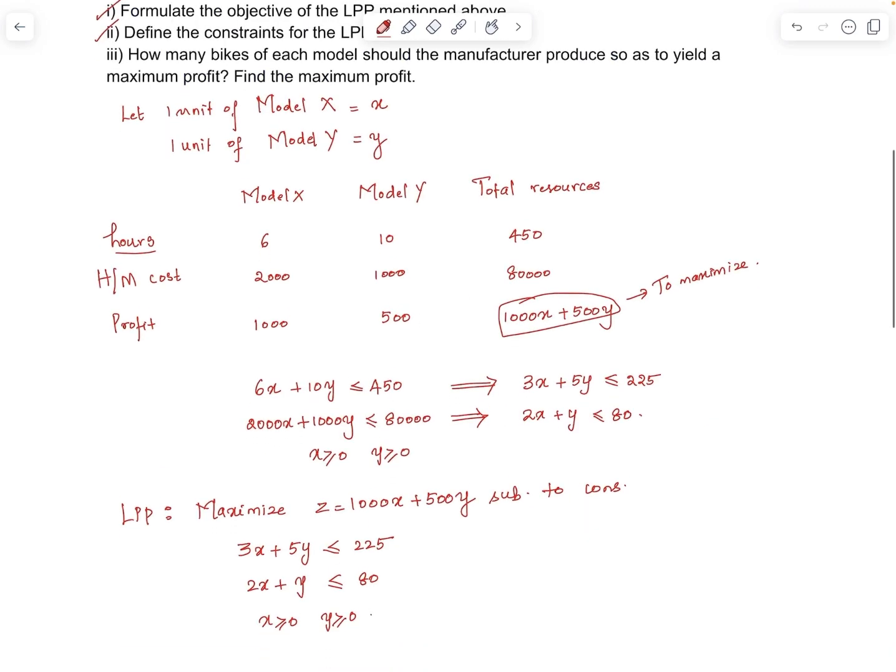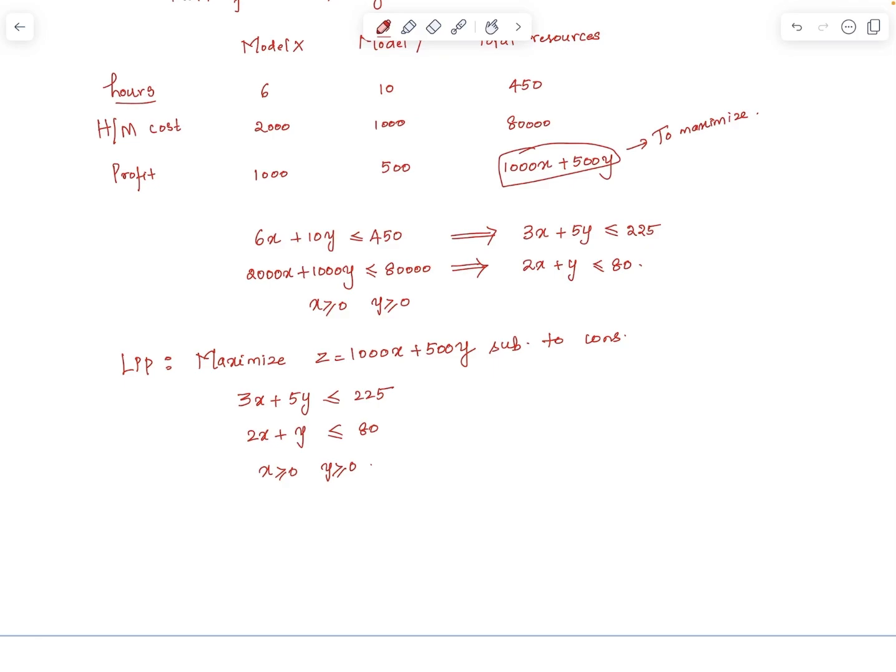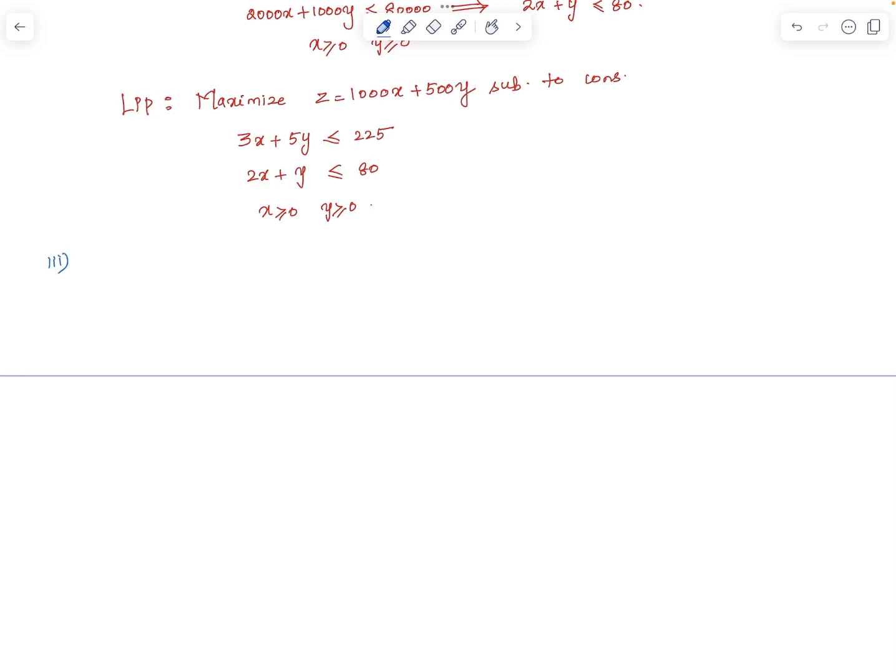To do this, we have to convert all the linear inequality constraints to linear equations, plot them, get the feasible region, get the corner points of the feasible region, substitute those corner points into Z, and then figure out which is giving us a maximum return. From this we can get the number of Model X bikes and Model Y bikes. Let's write all the linear inequalities as linear equations.